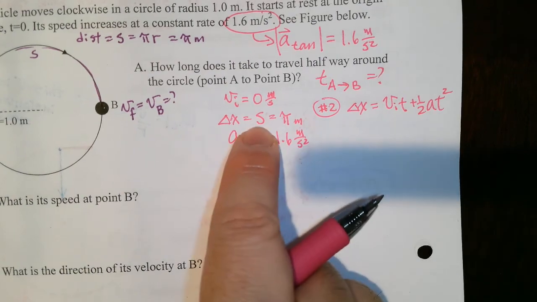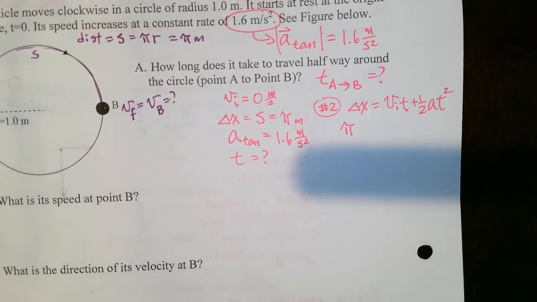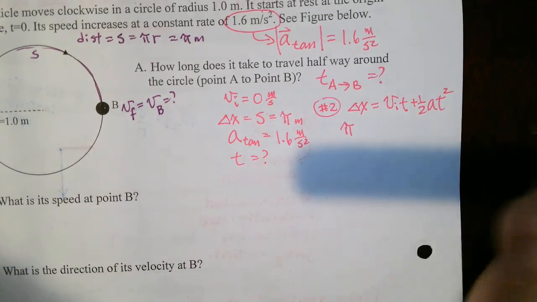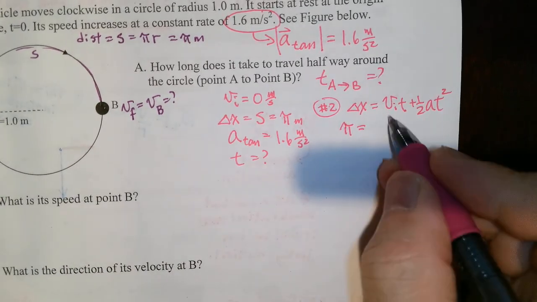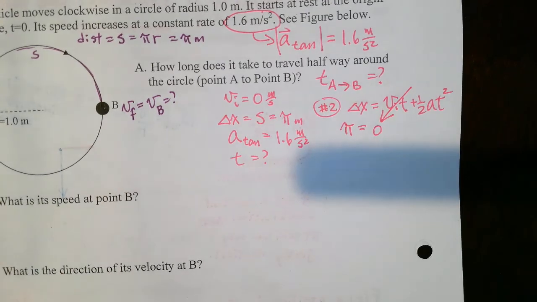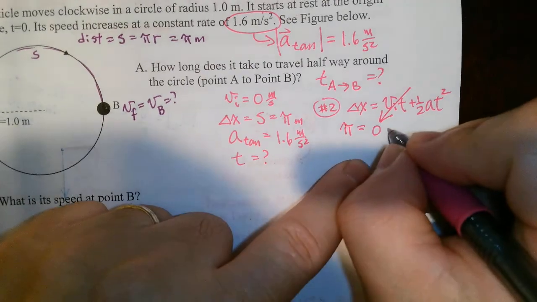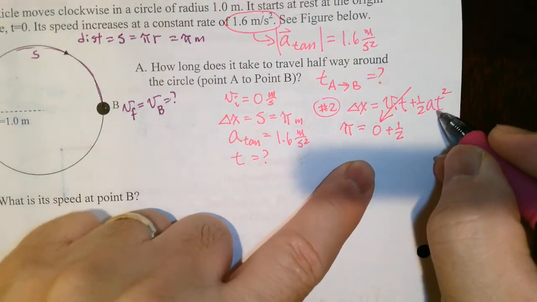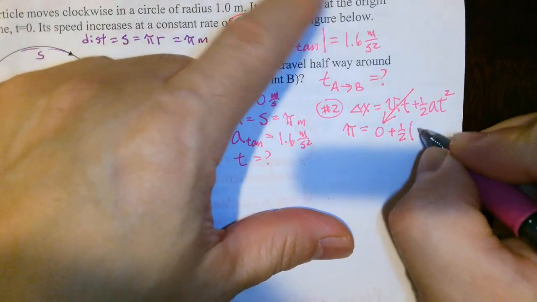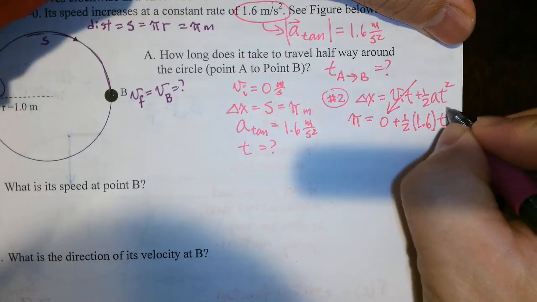Delta x, which is same as S, is just pi, is equal to, initial velocity is 0, so this whole term drops out, plus 1/2 times A tangential, which is 1.6, times T squared.